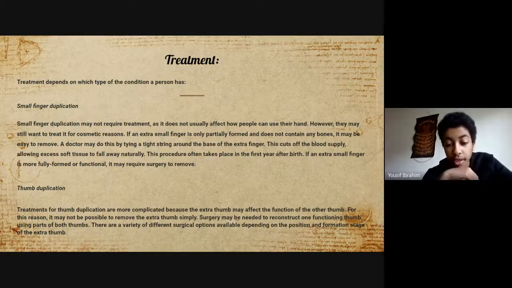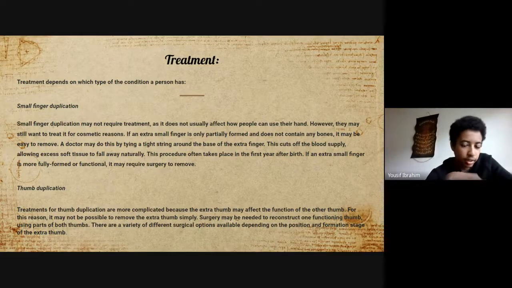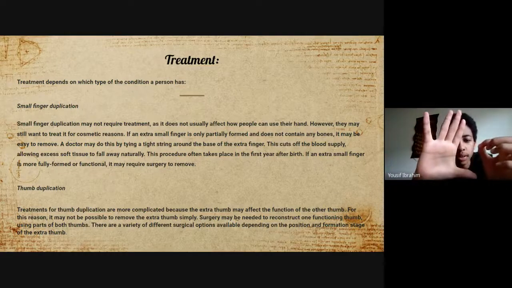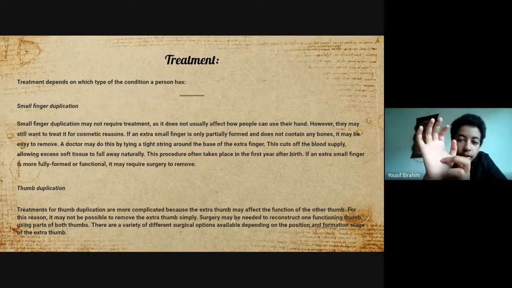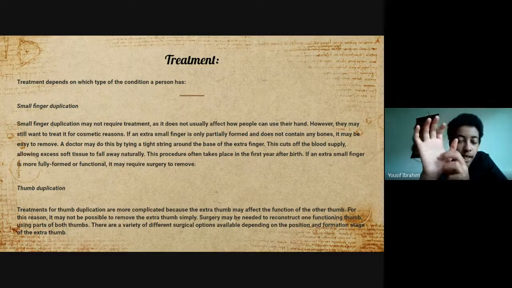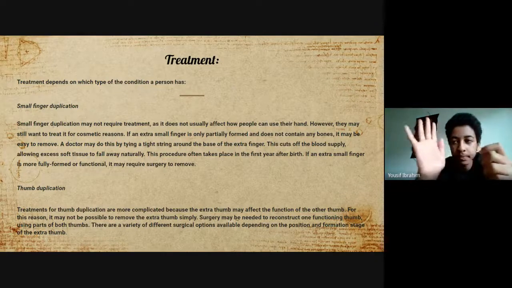There are a variety of different surgical options available depending on the position and formation stage of the extra thumb. Now, when you have one of the extra thumbs growing, there might be a blockage right here in the base, so you might not be able to move the thumb. That's why it's a more serious condition as opposed to small finger duplication.